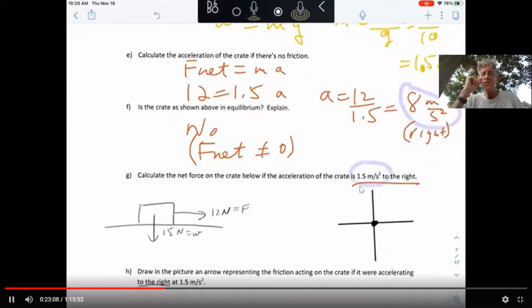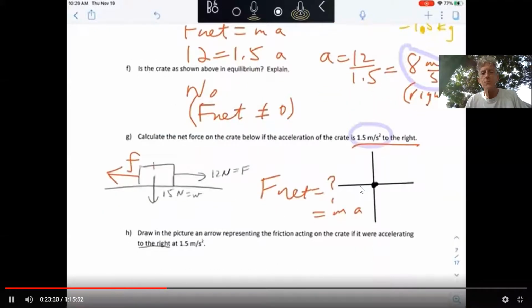Well, if they give me the acceleration, I have the mass. I can find the net force with F net equals ma, but I can't do it from the free body diagram because I don't know what friction is. So F net equals ma, 1.5 times the mass, which was 1.5.